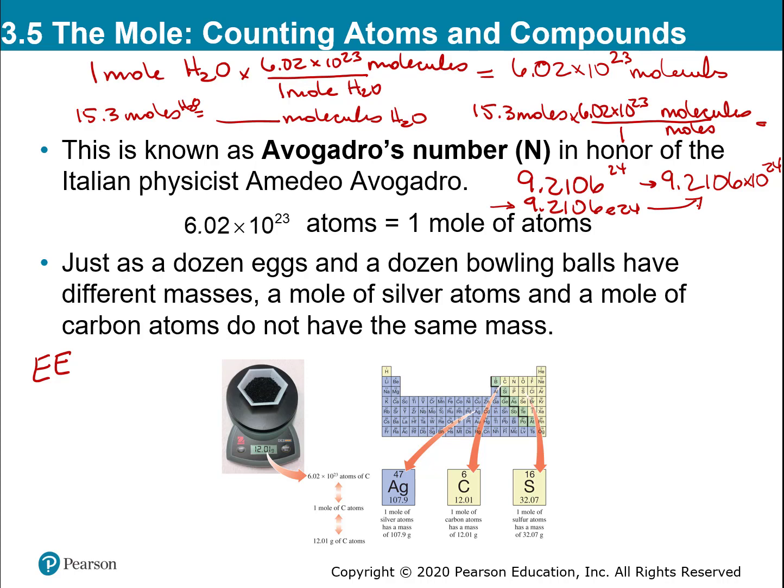Did anybody not get that number? So did you do 1.53 or 15.3 times 6.02? Do you see an EE? I don't have one. I've not seen one yet that doesn't have it.